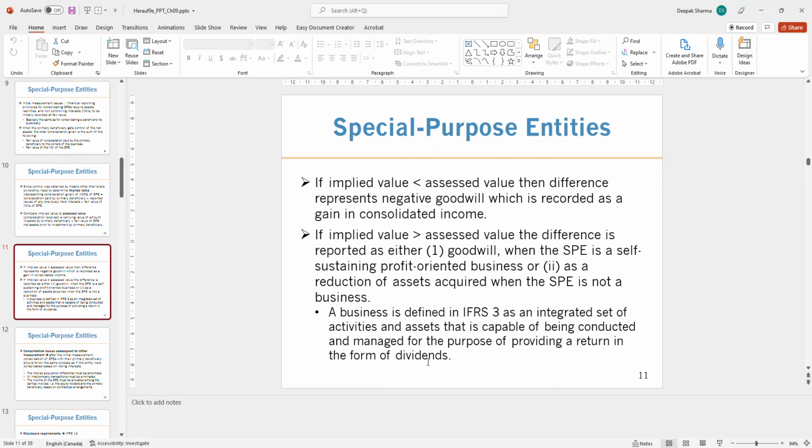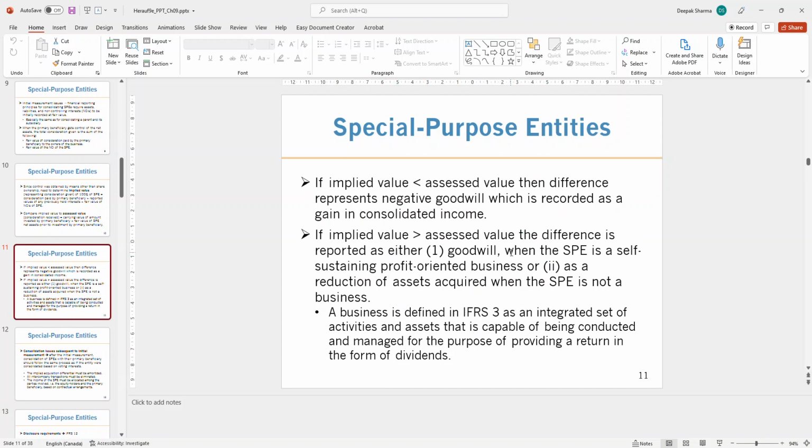Okay, so you guys can read through these notes. They are applied the same as we apply for the business combination. I'm trying to see if there is anything different. So we use the same rule. If there's a negative goodwill, we recognize it as a gain.